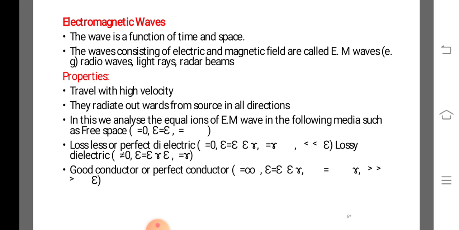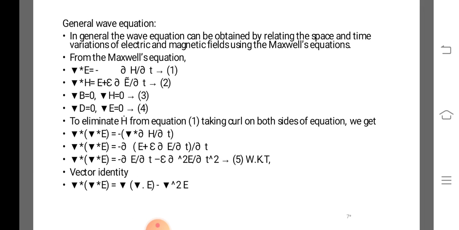If a good conductor or perfect conductor, so we take epsilon equal to epsilon. The general wave equation can be obtained by relating the space and time variation of electric and magnetic fields using Maxwell's equations.